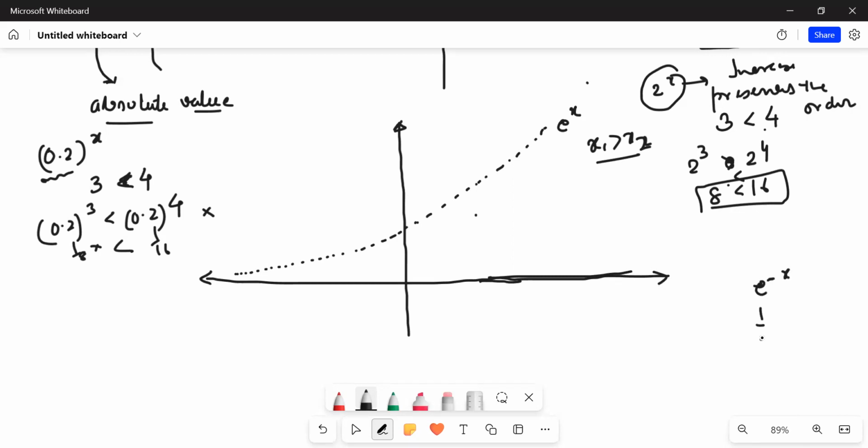Remember, e to the power minus x is 1 upon e to the whole power x. And what is 1 upon e? You know that it is around 0.36 or something. So basically it is between 0 and 1 only. So if I have to plot a graph of e to the power minus x, this is how it is. I hope it is clear.